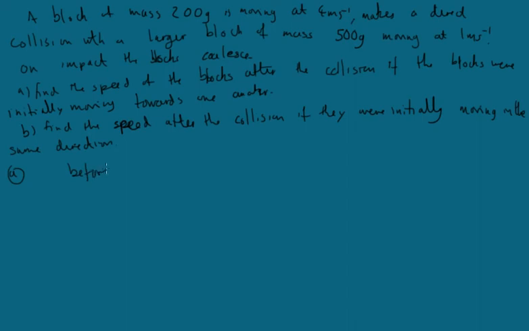Before, we've got these two blocks, and this one's going at 4 meters per second and has mass 0.2 kilograms. Remember, that's 200 grams. They're coming towards one another, and this one's coming at 1 meter per second, and it weighs more, 0.5 kilograms. After, they have some v, which we don't know, and they're stuck together.